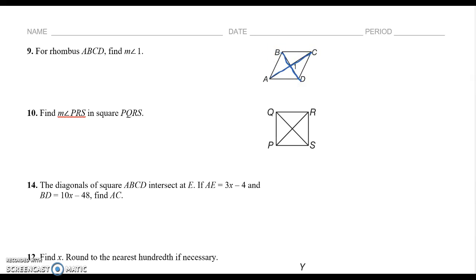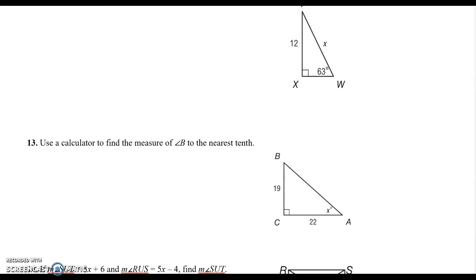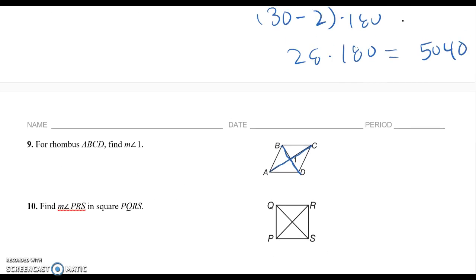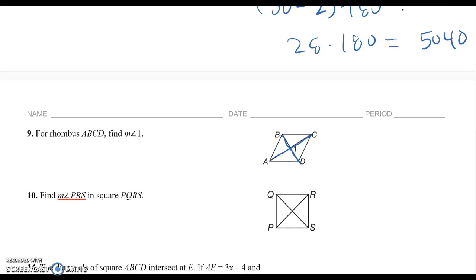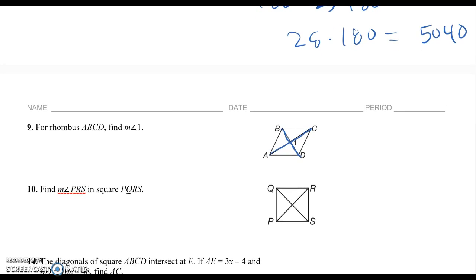What does it mean to be perpendicular? It means that all of our angles in the middle right here are 90 degrees because the two lines create 90-degree angles. So we know to find measure of angle 1, it is also going to be 90 degrees. So the answer is just plain 90. That's just straightforward with our properties of rhombus.